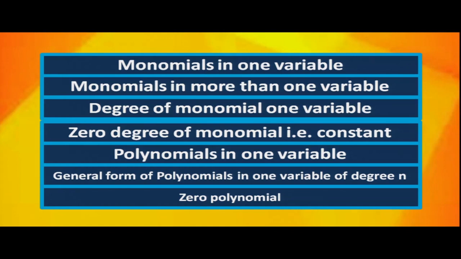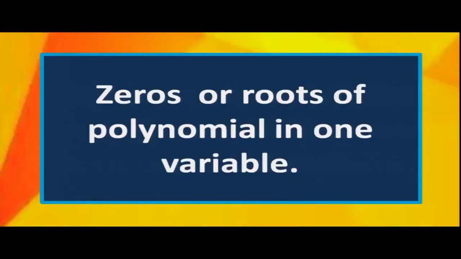The general form of a polynomial in one variable of degree n is a0 plus a1 x plus a2 x square up to an x to the power n, where an is not 0, and the zero polynomial. In the next class, we will study zeros or roots of polynomials in one variable.